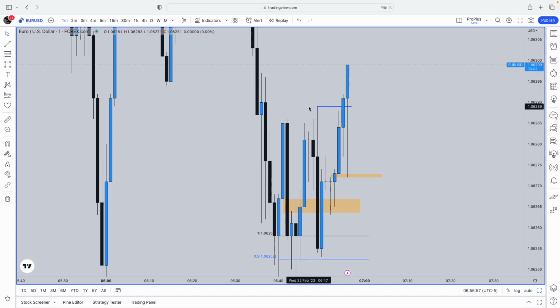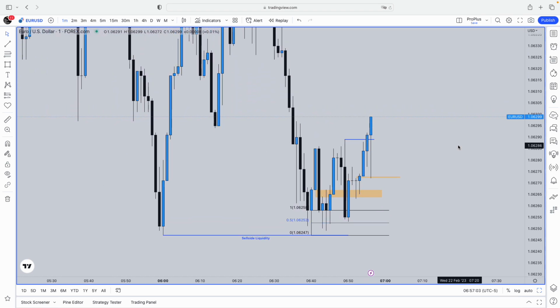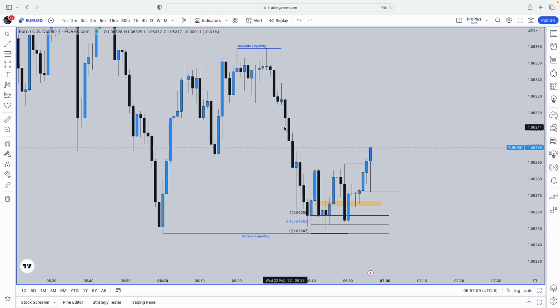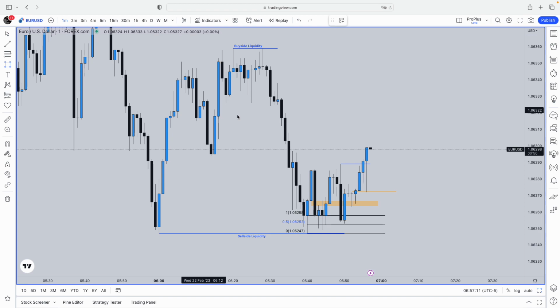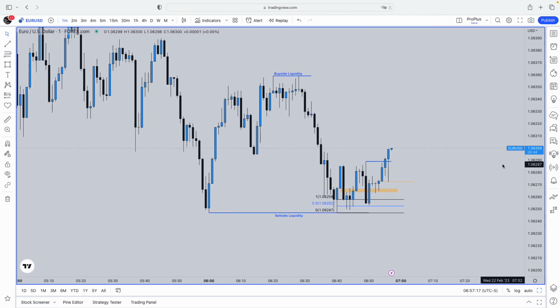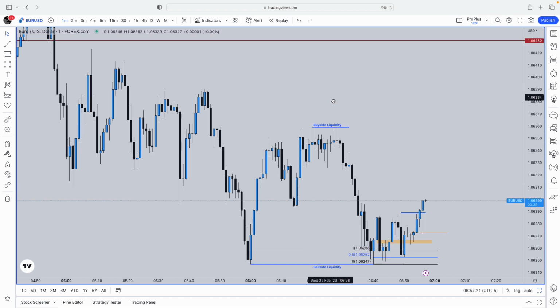Then market structure shift, fair value gap, taps into it, pushed up higher. Target here potentially first. And that target of the draw on liquidity could be there, far side.